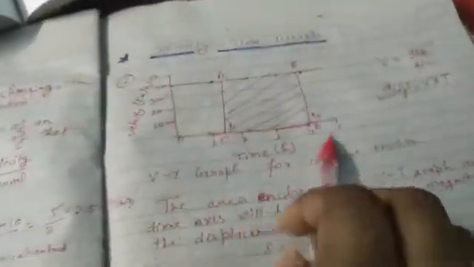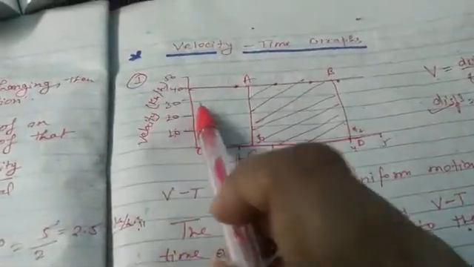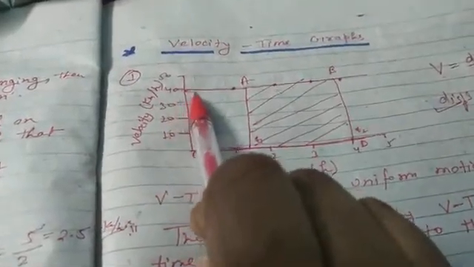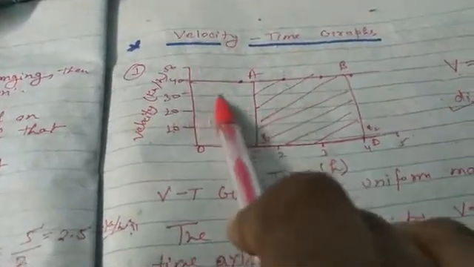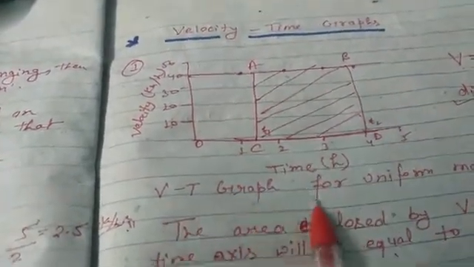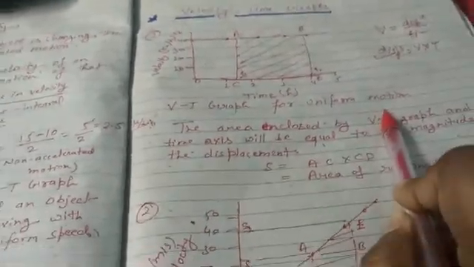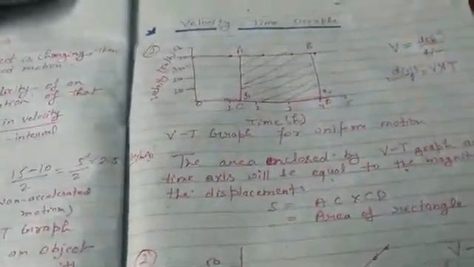Now see here, on the x-axis we have time and on the y-axis we have velocity, and here you can see that velocity is not changing with respect to time. That means this is the velocity time graph for uniform motion. In uniform motion, if there is no change in velocity, that means this is non-accelerated motion. Now, how can we find the displacement?